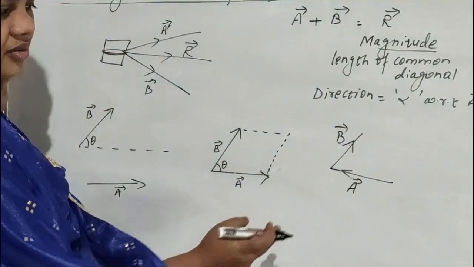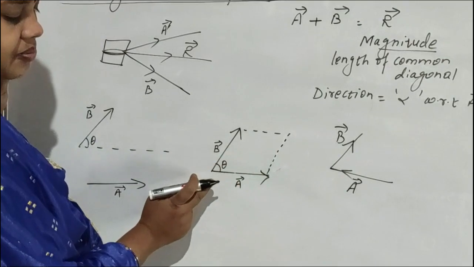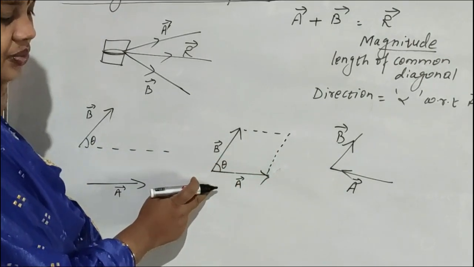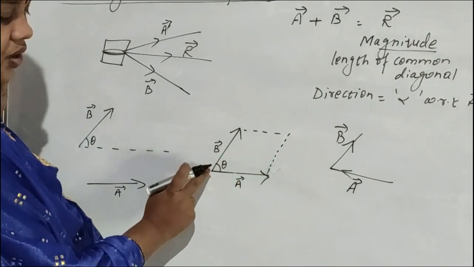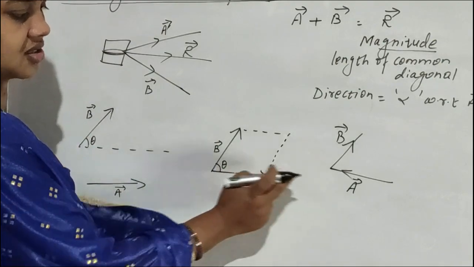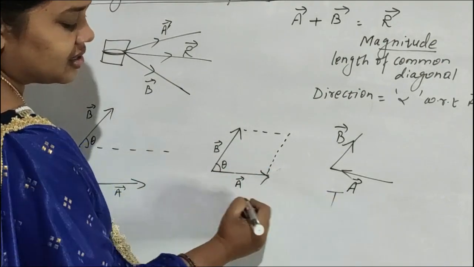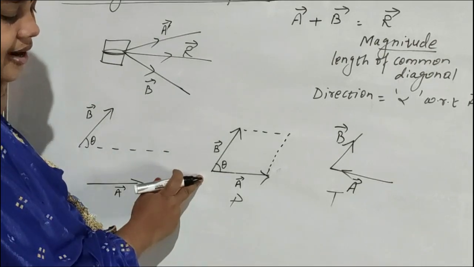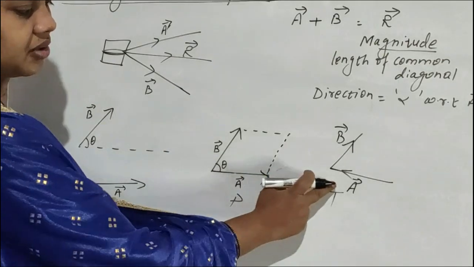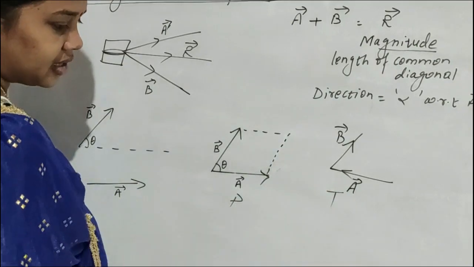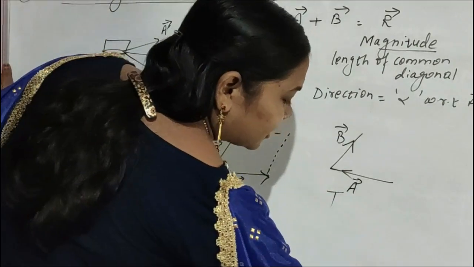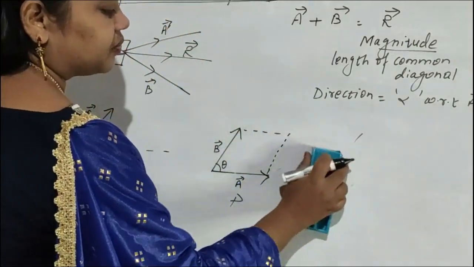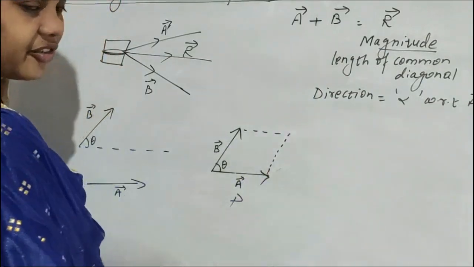But in the parallelogram, how are they added? See, tail to tail, the point of intersection is here. This is the difference. This is the triangular law, this is the parallelogram law. Tail to tail they are added, point of intersection here. But there, same order. These are the things you must observe. You must see the difference.